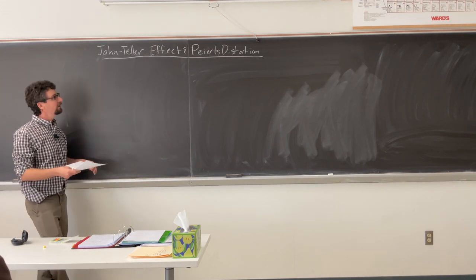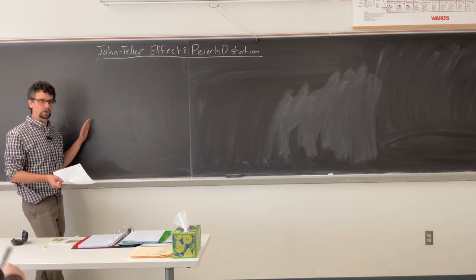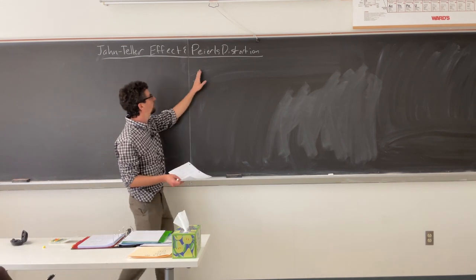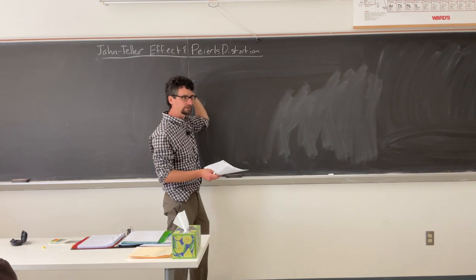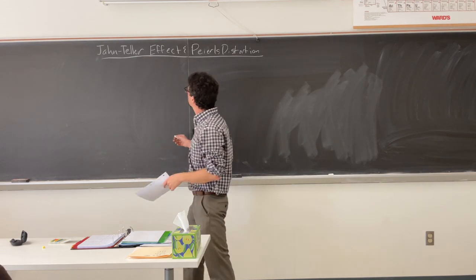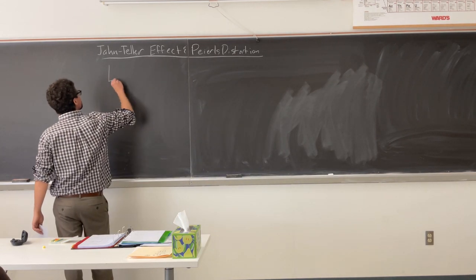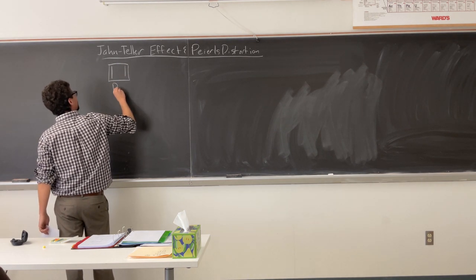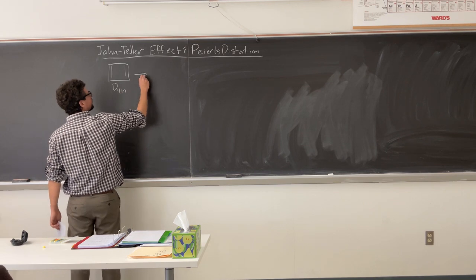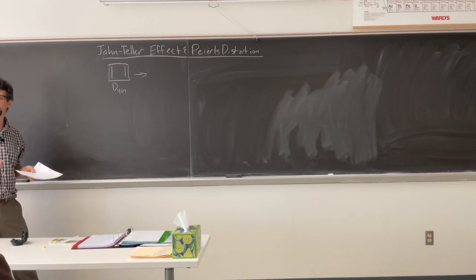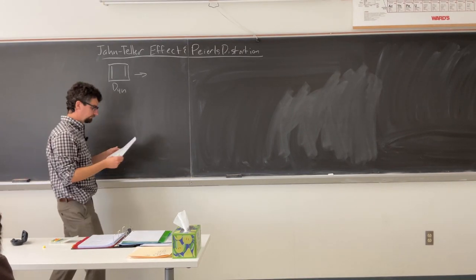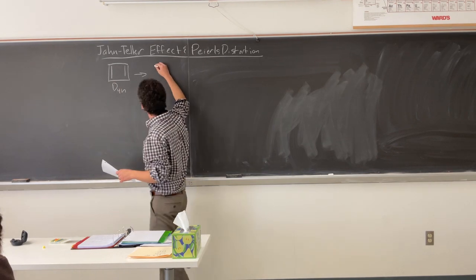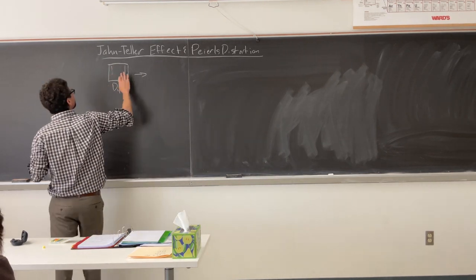Last time we talked about Jahn-Teller distortion, and we were leading into what's often called the Peierls distortion for solids. We talked about cyclobutadiene having D4h symmetry, and it will distort.